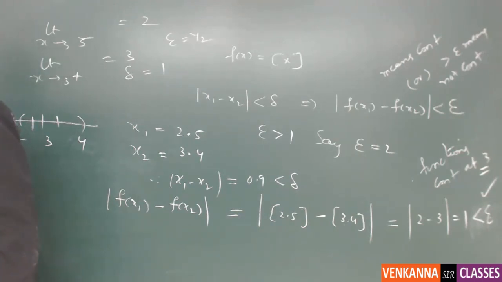For the open interval, it is not true. Take the example of 1 by x on the open interval (0, 1). It is continuous but not uniformly continuous, because occasionally you can find some elements where the gap is less than delta, but the function value gap is greater than epsilon. Okay.